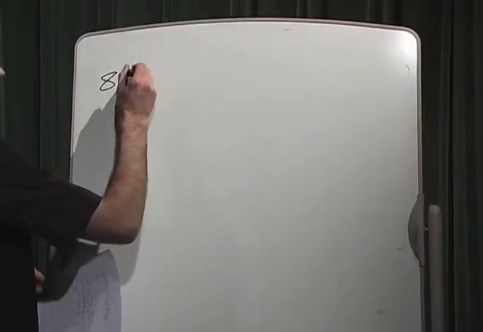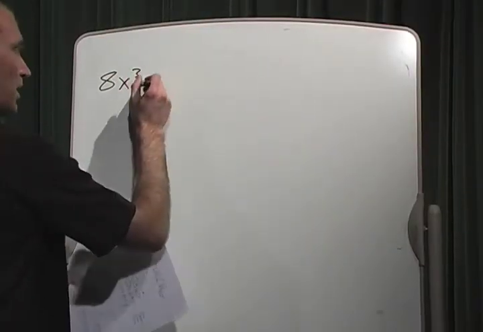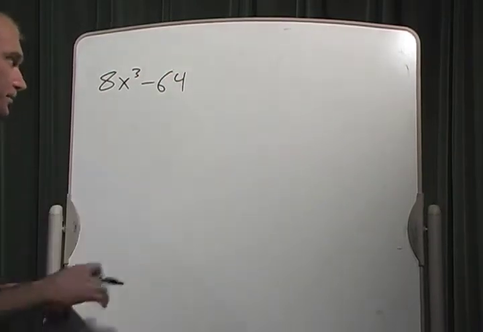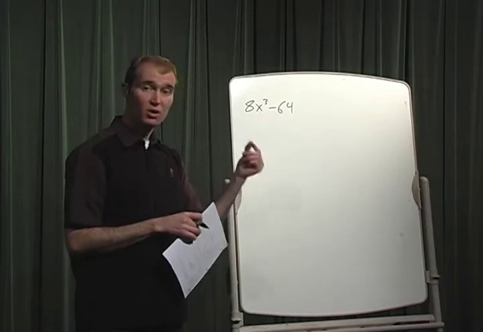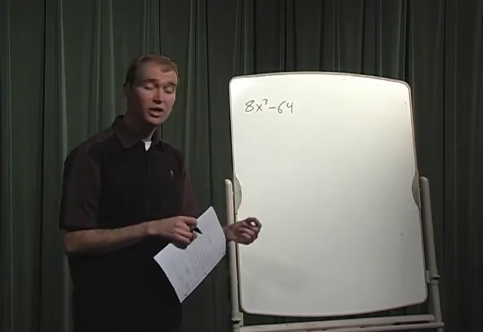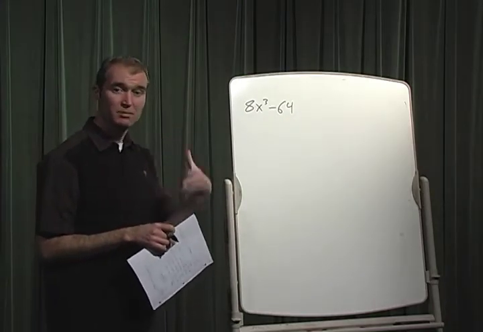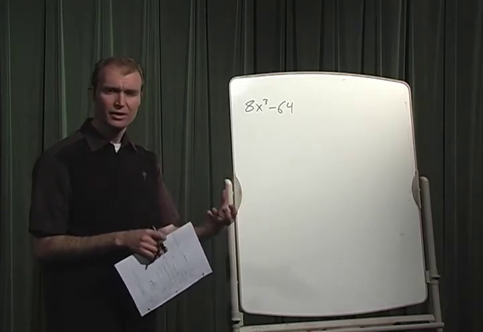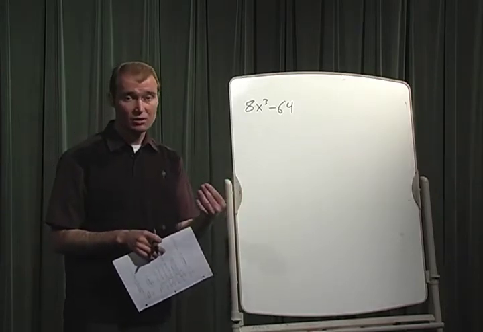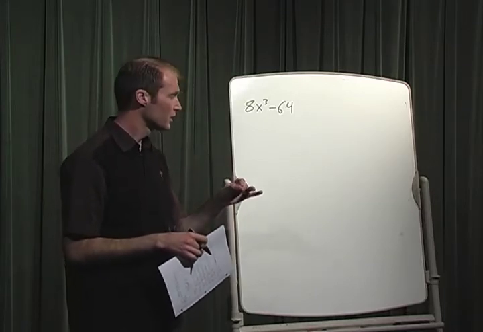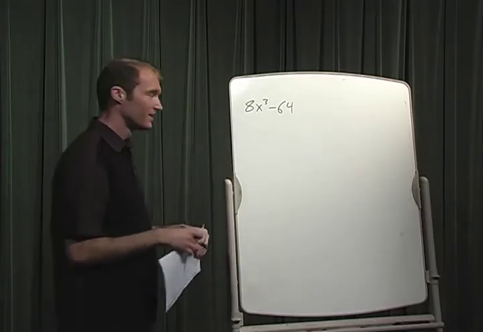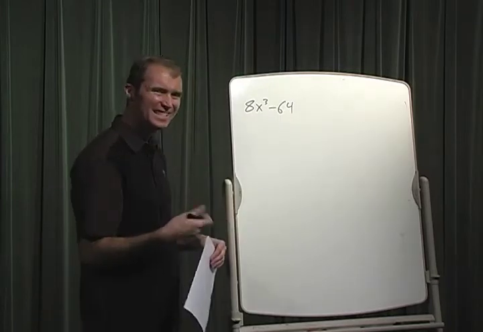I have 8x cubed minus 64. Well, as it turns out, this is already a difference of 2 cubes. But you don't want to immediately go to your answer. Your first step when factoring is always ask, can I factor out a greatest common factor? Well, in this case, they have an 8 in common.